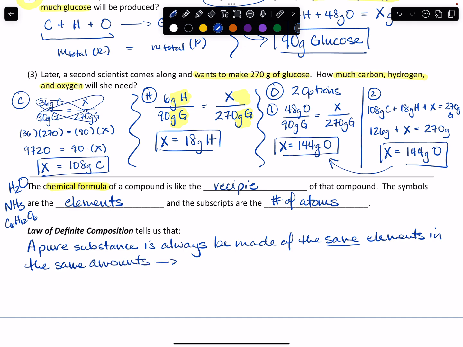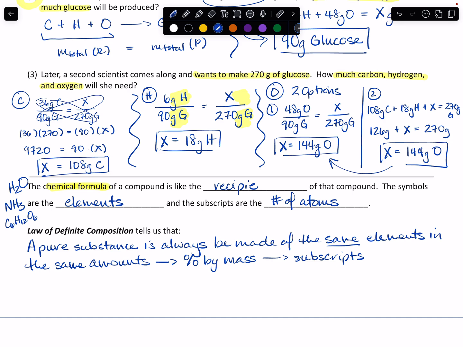And for the amounts, we tend to use percentage by mass, which in turn helps us define those subscripts. So what does that really mean?